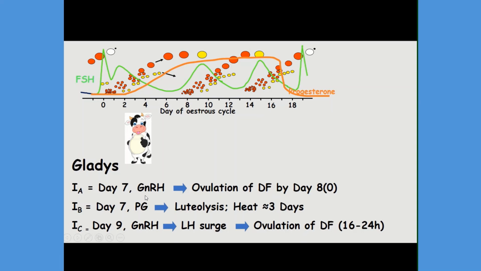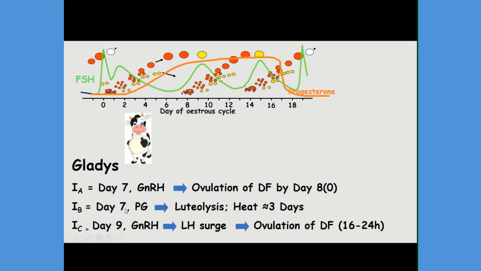Okay, Gladys, on day 7, it starts her intervention A. GnRH will cause the ovulation of the dominant follicle, which is there. And because it pushes LH and it takes about 24 hours, that means it'll take about 1 day for Gladys to ovulate initially, and therefore 1 day for her to restart her cycle.